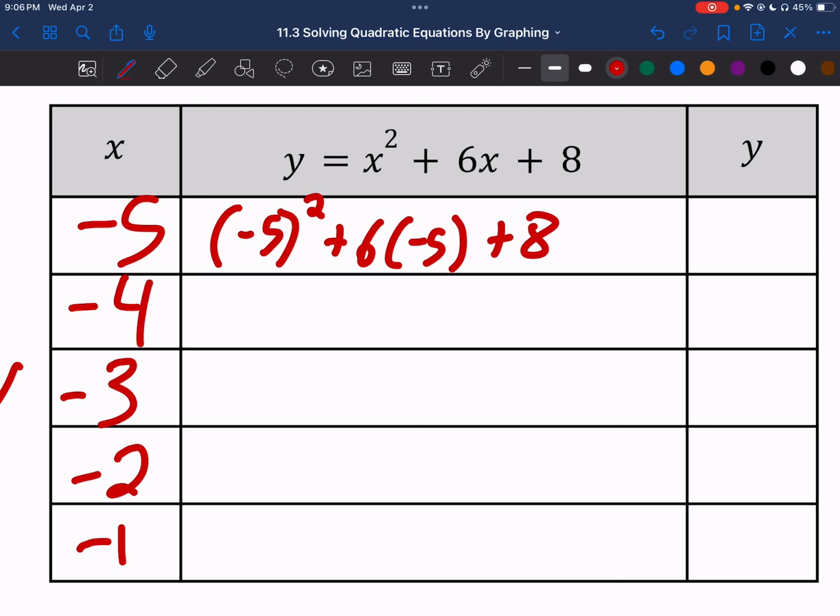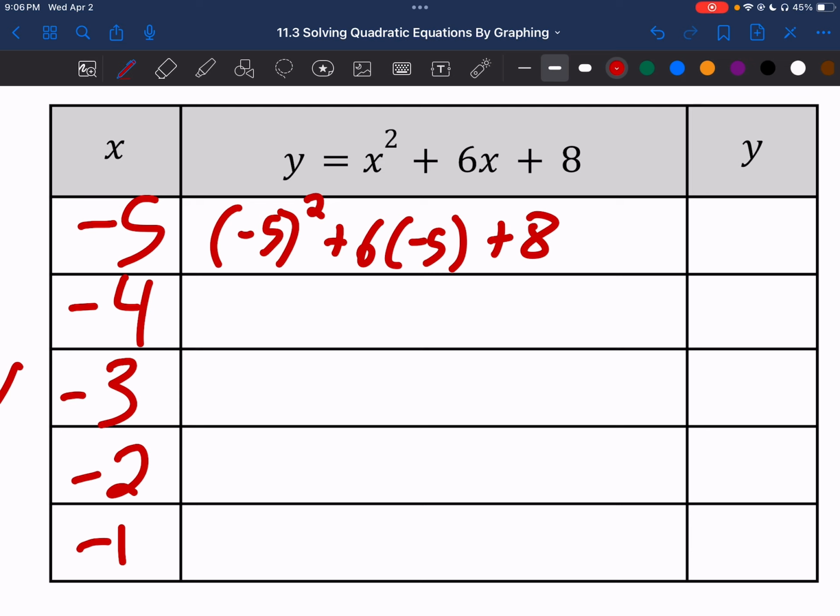You'll notice, going all the way back to when we did solving systems of equations, whenever I'm substituting a value into an equation, I tend to put it in parentheses. The reason I put it in parentheses is this specific case right here.